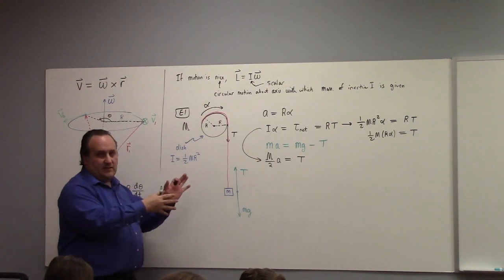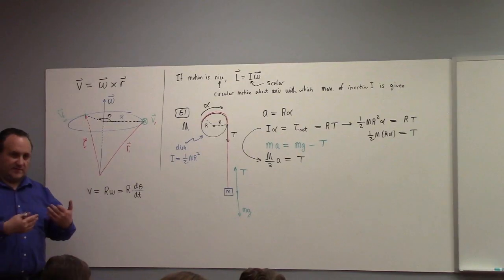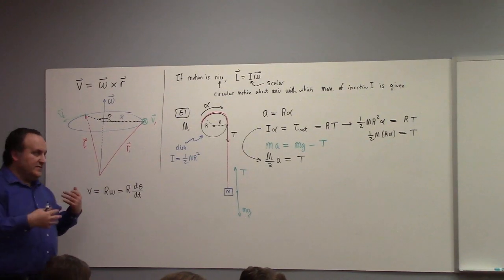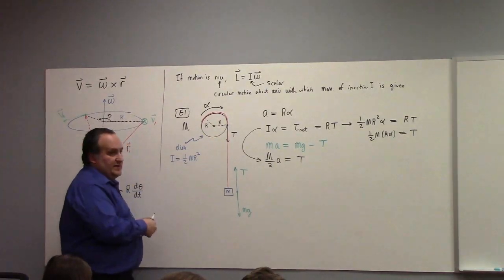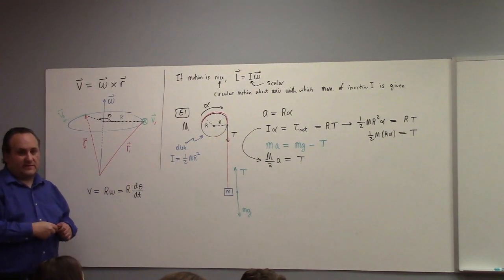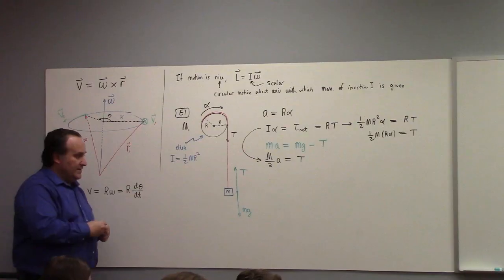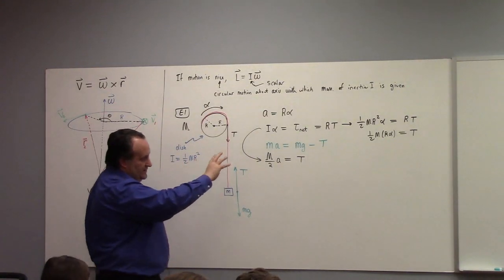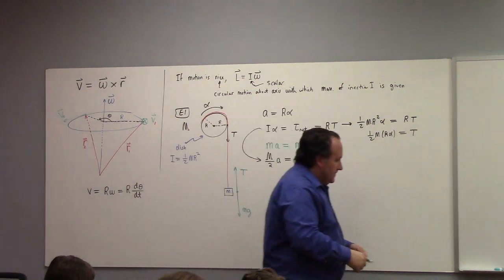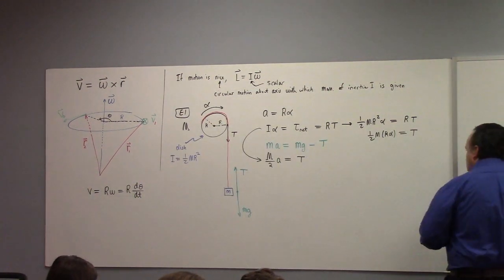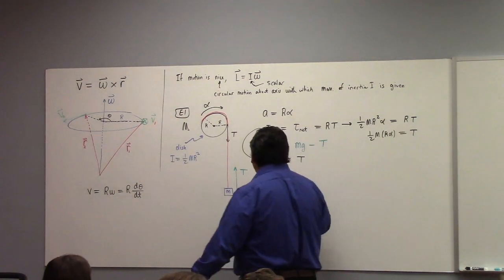So I have Newton's second law in the linear sense from the little mass, and I have Newton's second law in the rotational sense from the pulley, I alpha equals torque. Now I've got two equations, two unknowns. We know what to do. The answer is algebra.